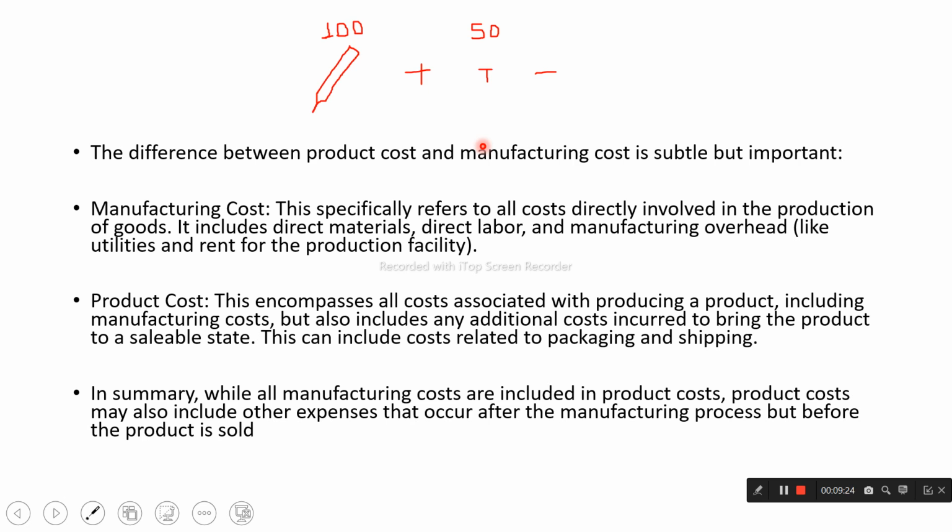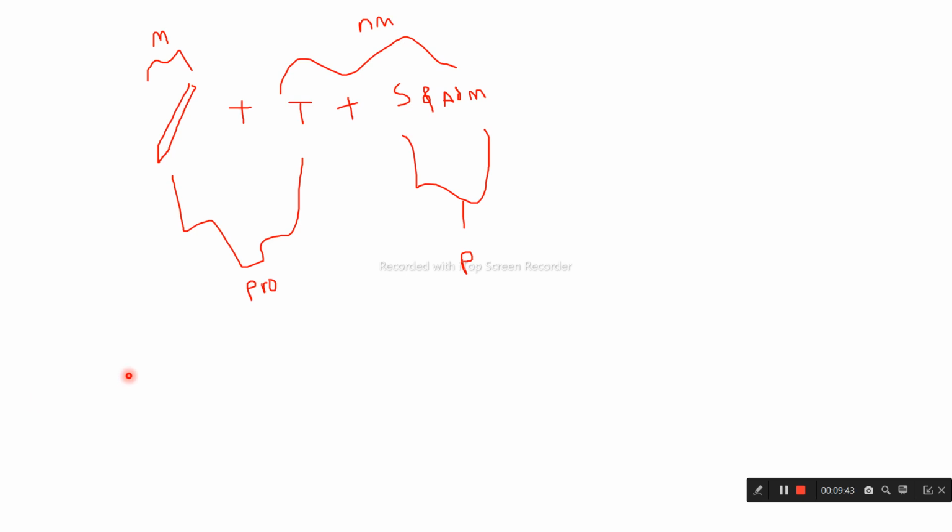However, product cost is a cost that I have used in order to manufacture, and after that also to bring the product to the saleable state. So here let me differentiate these things. A product cost includes a manufacturing cost and different other costs that can be traced and allocated to the product itself.